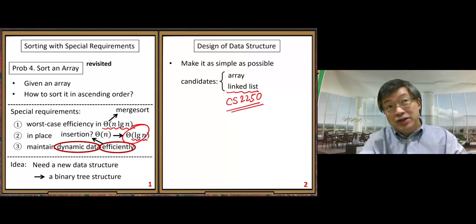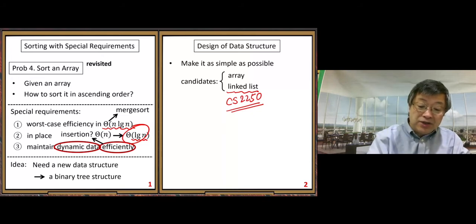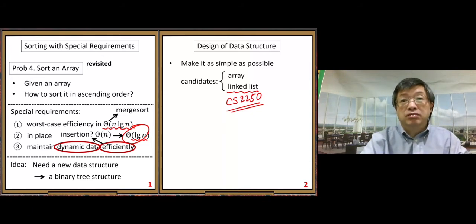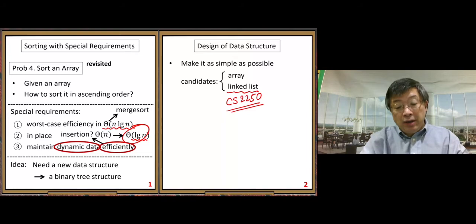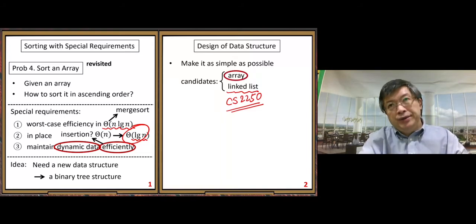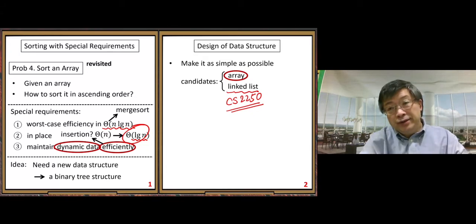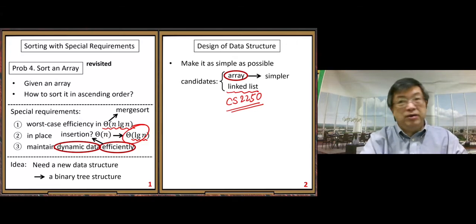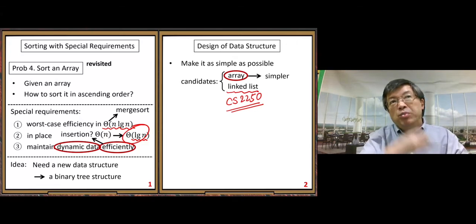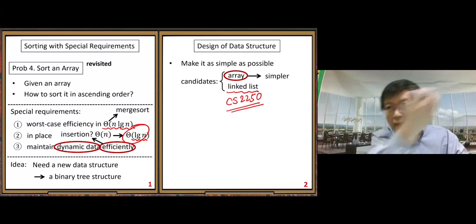So that's the reason we put it here as an option. But comparing with array, it is too complicated. The pointers, we want to avoid pointers. Most people don't like pointers, so we want to avoid it. For that reason, you can see array is much simpler. So we prefer using array here.